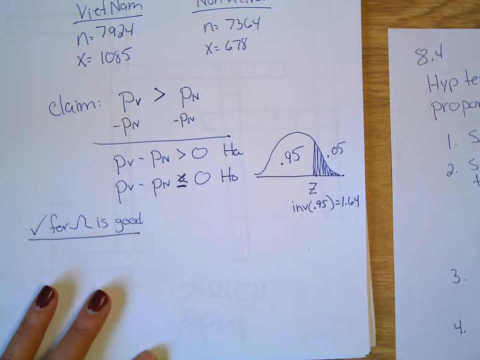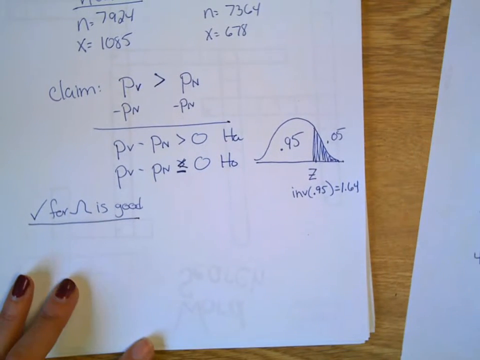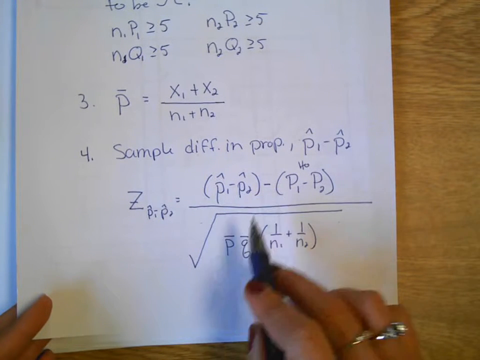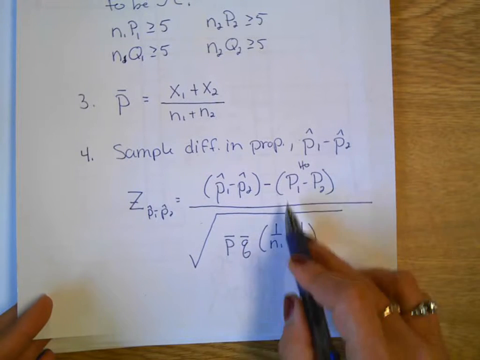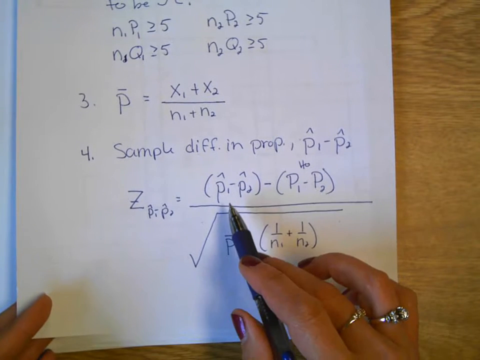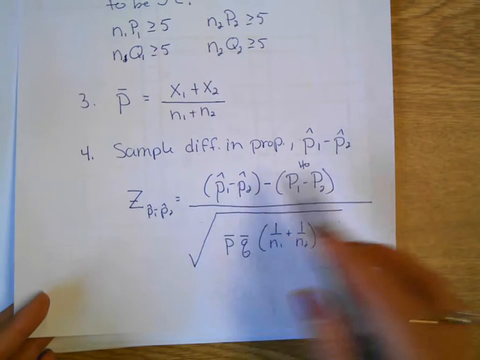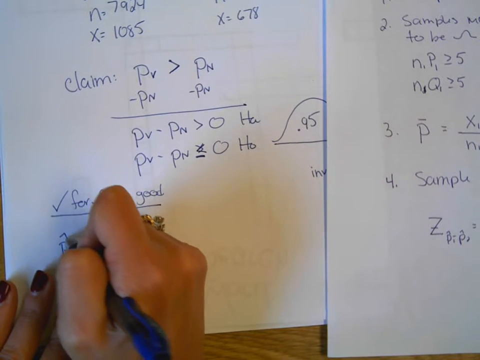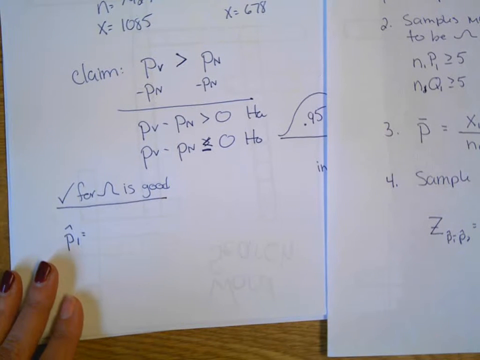All right. Now, we need to know p hat 1, p hat 2, p bar, and q bar so that we can plug into this formula. So I'm going to take the time to just find these off to the side. So p hat 1. What am I talking about when I say p hat?